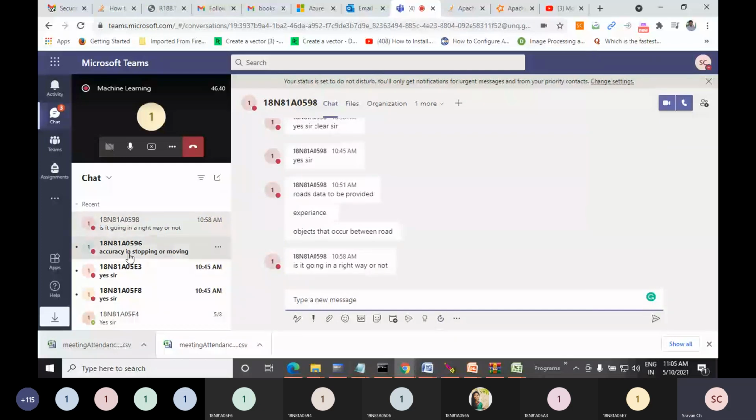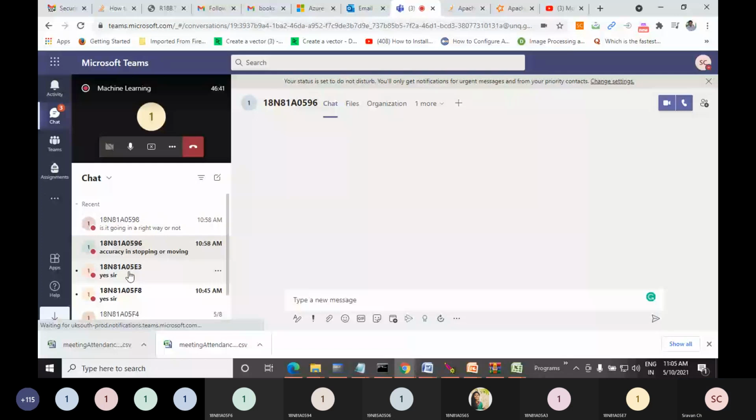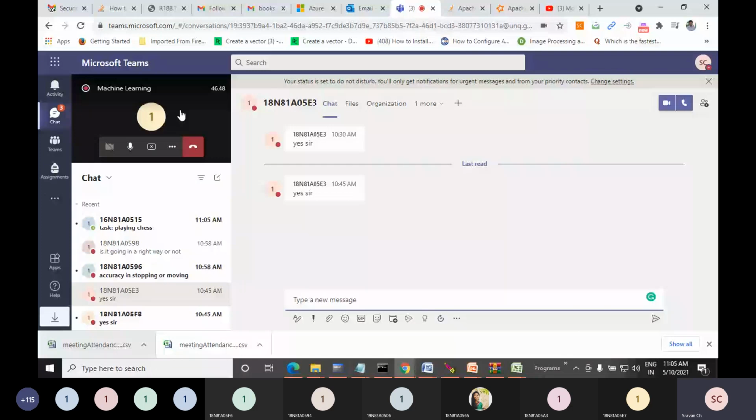Task is playing chess. Okay. No, how can a computer program or machine learning straight away play chess? Task is playing chess, but the task we know.